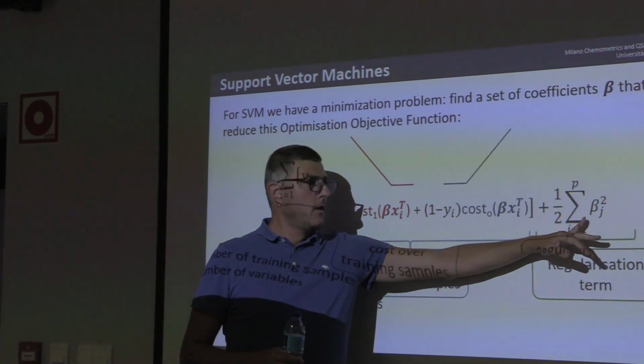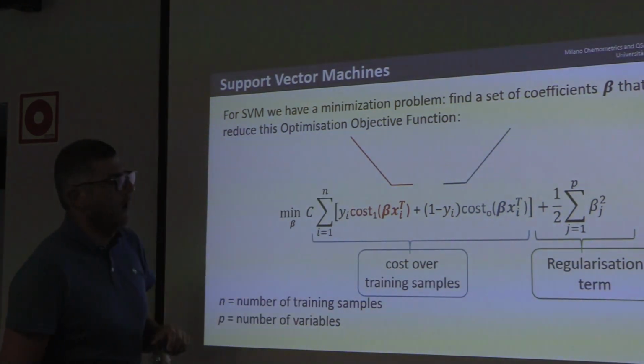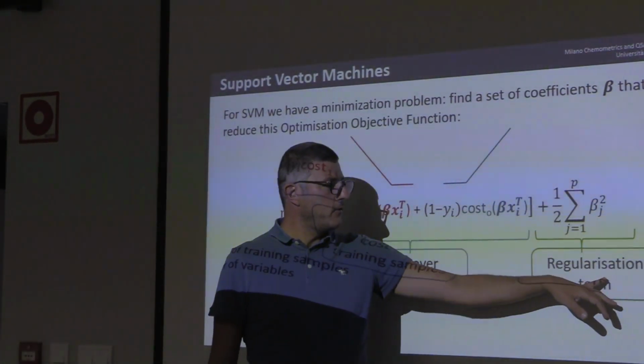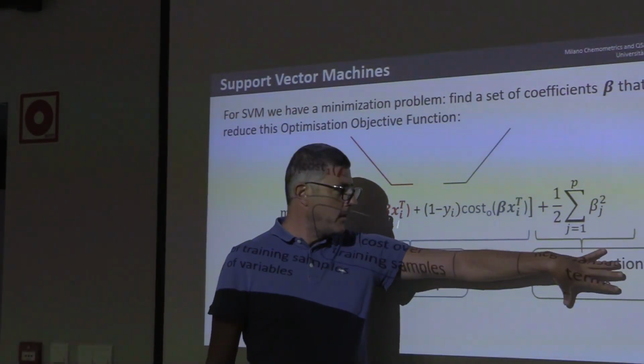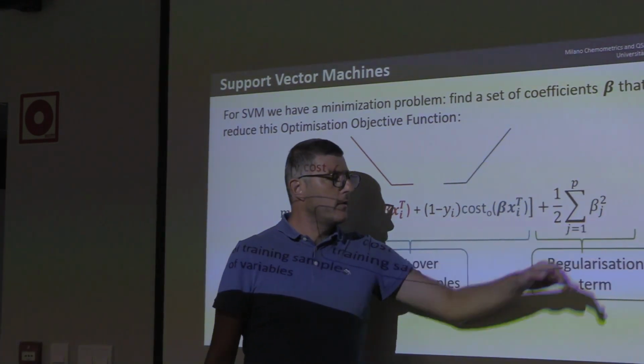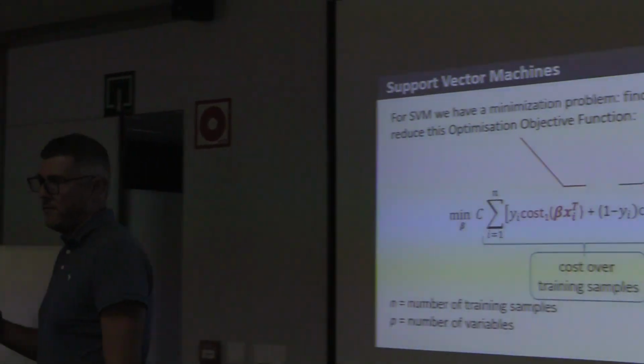This is called a regularization term, and we will see which is the effect of this stuff. But this is just the sum of the squares of the coefficients you have.